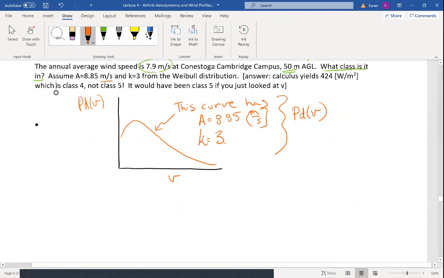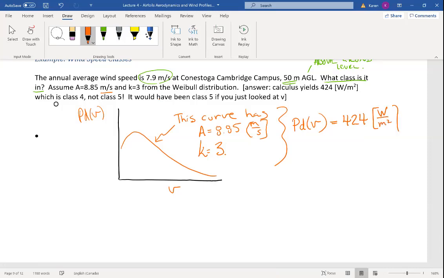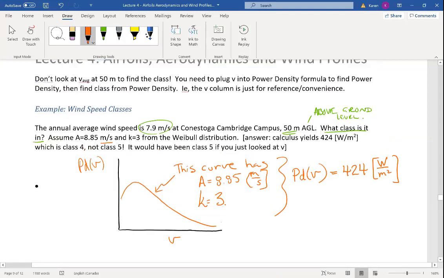After all of my magic calculus, what I come up with is 424 watts per meter squared, beyond the scope of this course to evaluate that equation.